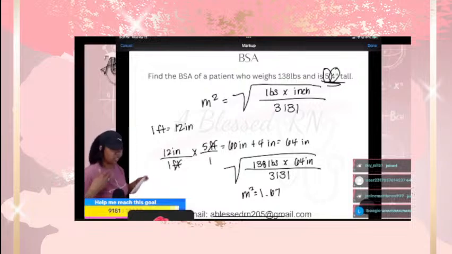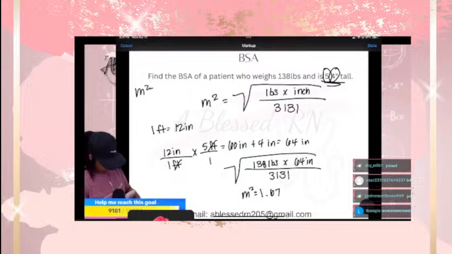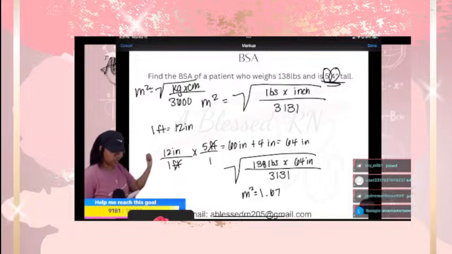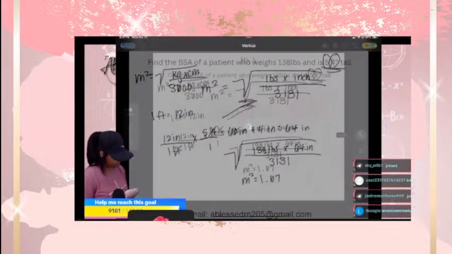So that's why we did that one. But if you did it in the metric, that formula would have been your kgs times your centimeters divided by 3,600, okay? And then you take the square root of that. But we did it this way, okay? Cool.